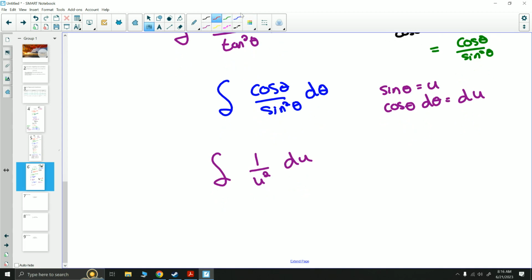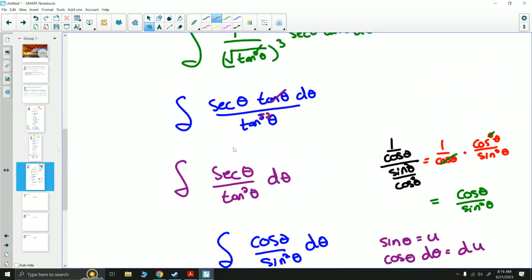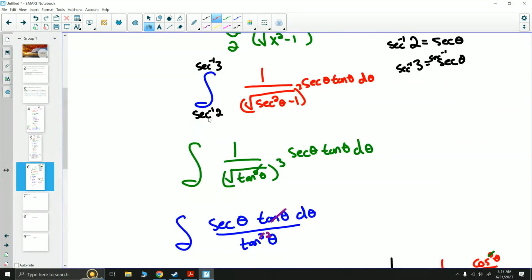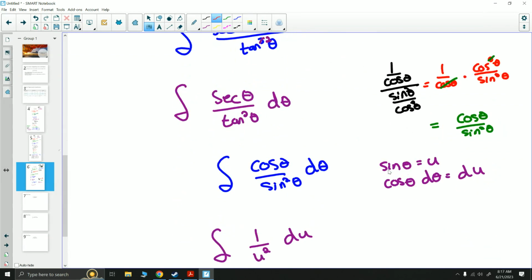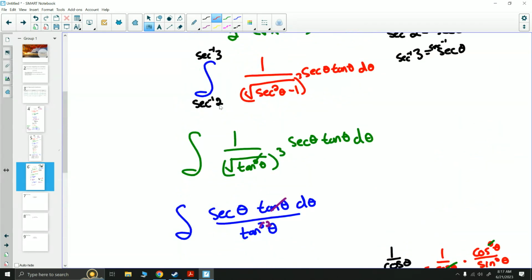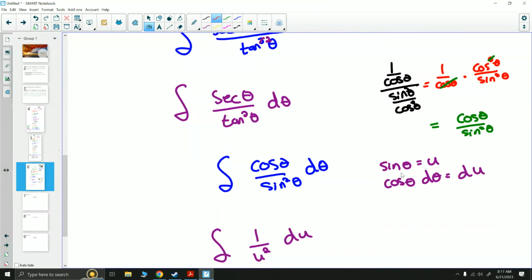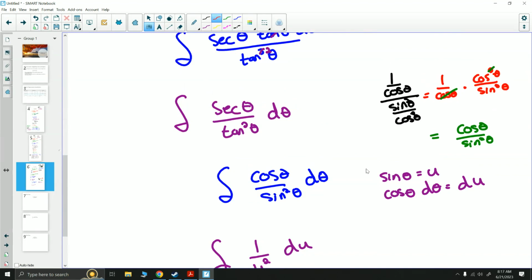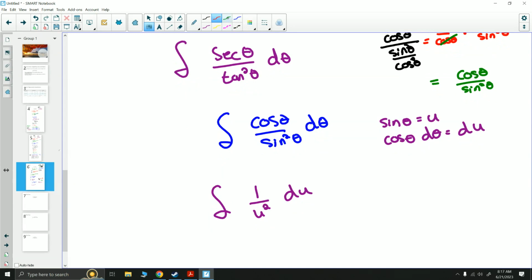So this is what I'm going to be integrating. Now, something to note. When I change my thetas into u's, I have to change my bounds of integration into those u's as well. So sine of theta is u. So I could take sine of secant inverse 2. But that's going to get really ugly. And so this is why I said that sometimes I wait until the end. I mean, we could certainly write that.